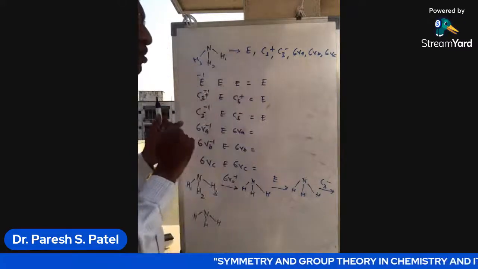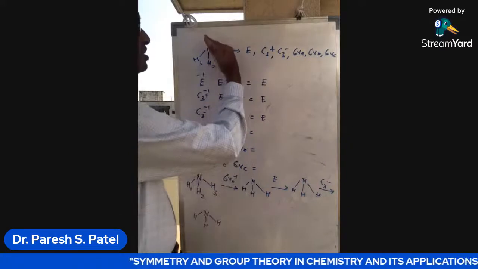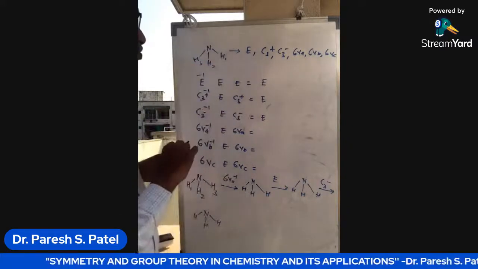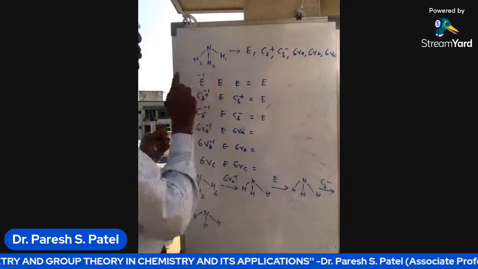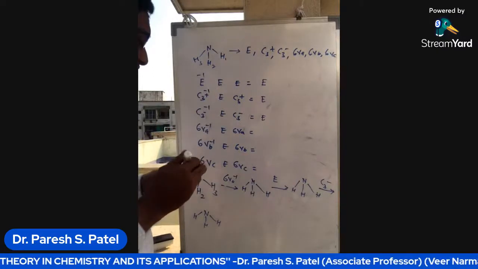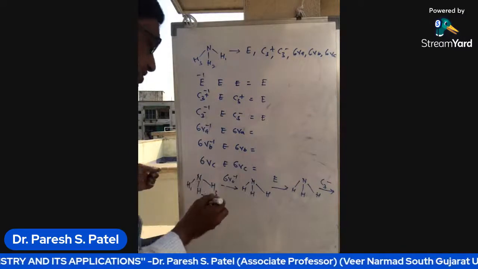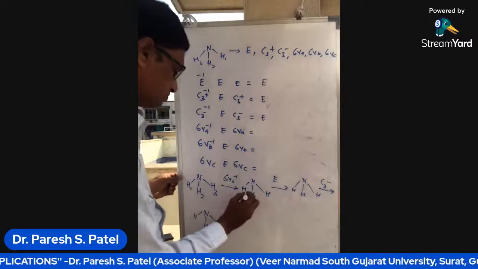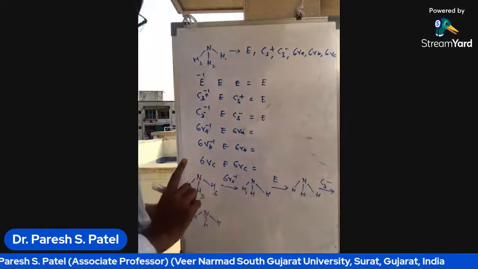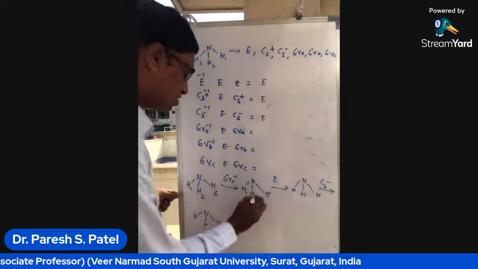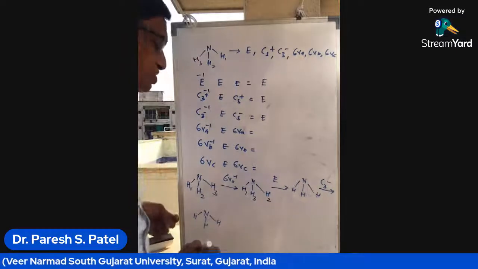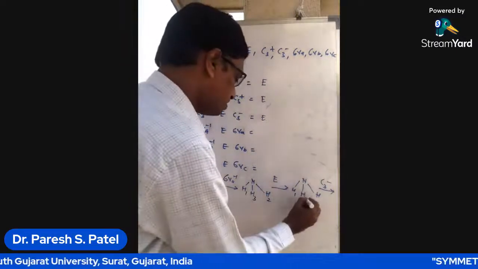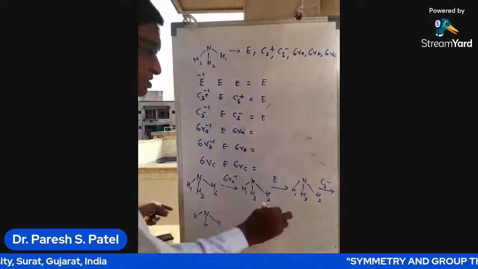So what will be the result? There is no change in the position of hydrogen 1. Hydrogen 3 and 2 will interchange. So the position of hydrogen 1 remains as it is, and 3 and 2 are interchanged. Again identity means 3 and 2. Again sigma Va.